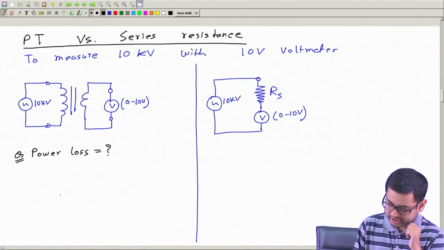Okay. So, for this let us assume the internal impedance or resistance of this voltmeter is let us take it to be 1 kilo ohm. Okay.